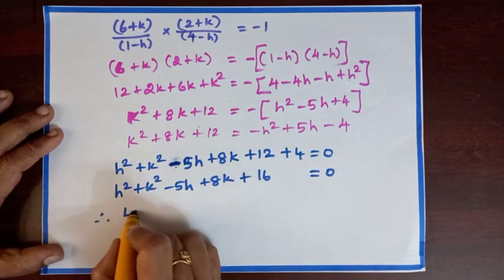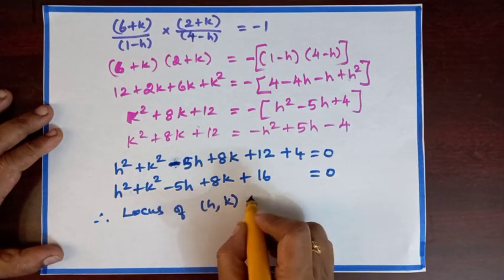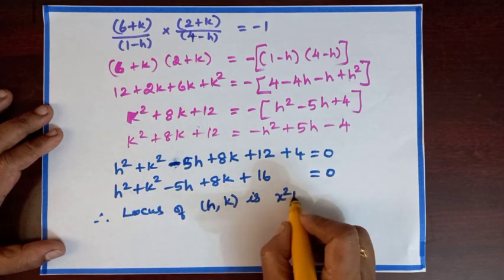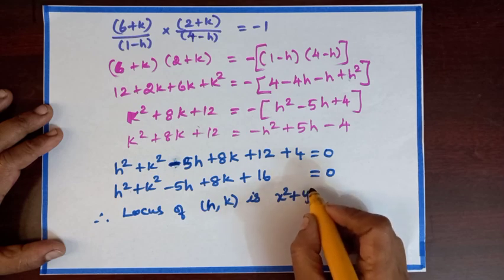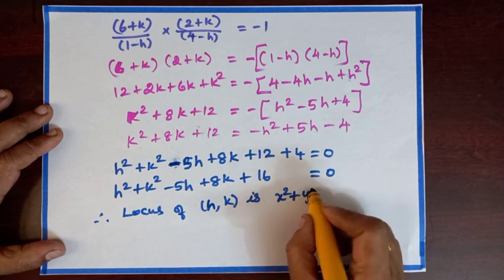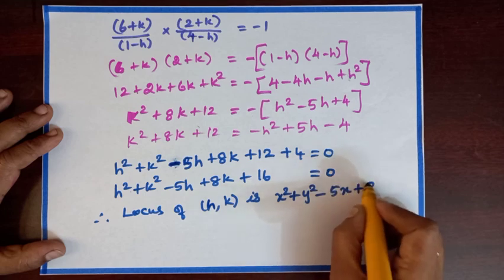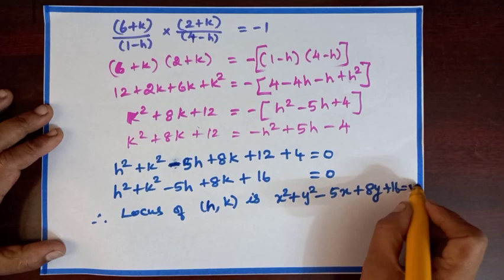Therefore, the locus of (h, k), replacing h by x and k by y, is x² + y² - 5x + 8y + 16 = 0.